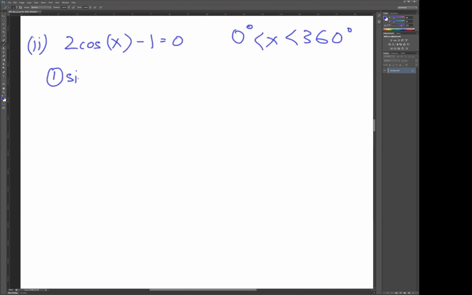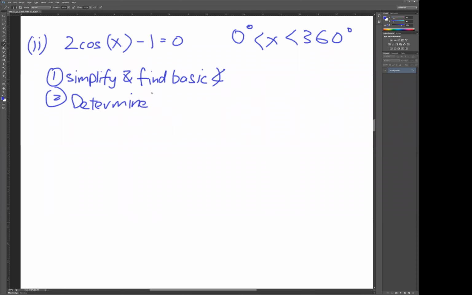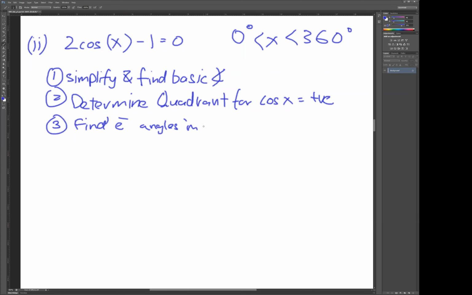To simplify, find the basic angle, determine the quadrant, and then third, find the angles in the respective quadrants. So let us determine first.